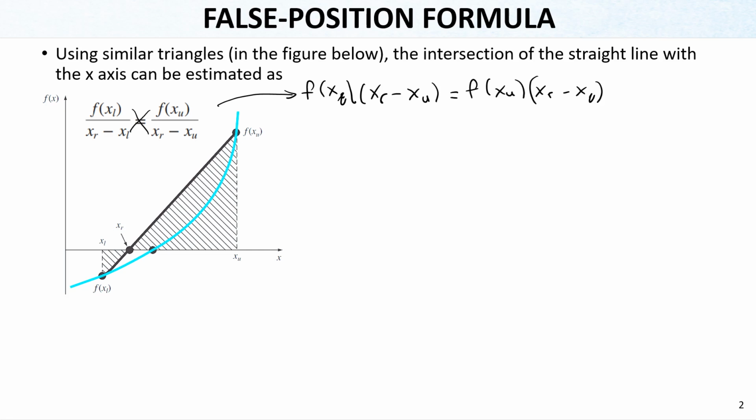We can isolate xr, because we want to find that. Here we have f(xl) xr, and over here we have f(xu) xr. If we move this to the left side, it will be minus f(xu) xr. The rest will be on the other side, equal to xu f(xl) minus xl f(xu).